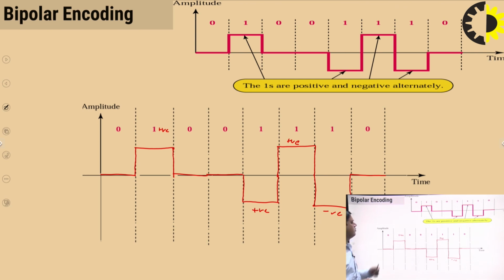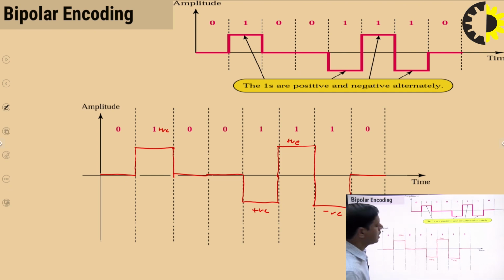One for positive and negative, and 0 for the baseline. In that way we can convert any digital data into the digital signal by using the bipolar encoding scheme. Hopefully now you can differentiate between these categories.